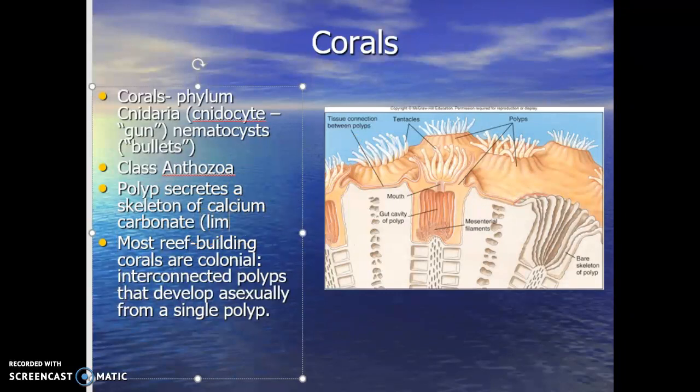This is the basis of limestone. So if you have limestone gravel, that's old coral. That's coral skeletons. That was formed millions and millions, hundreds of millions of years ago. All right, looking at most reef-building corals, by and large, most all of them are colonial, where all the polyps are connected.